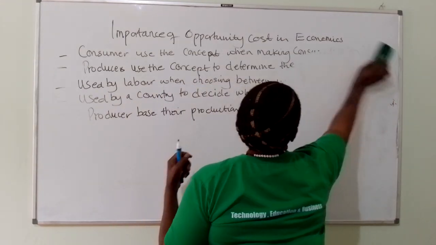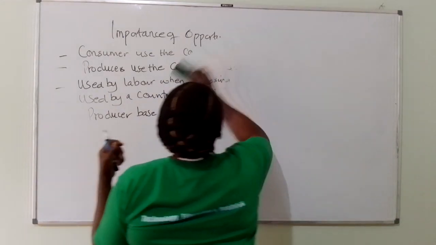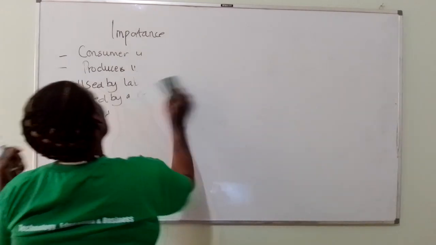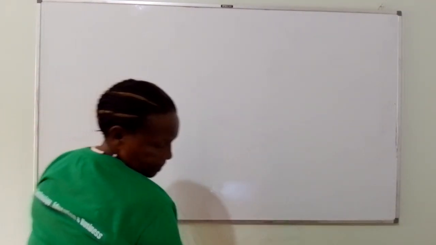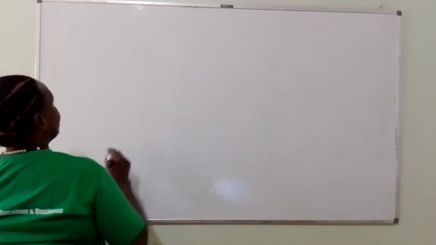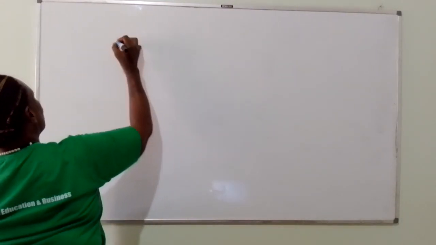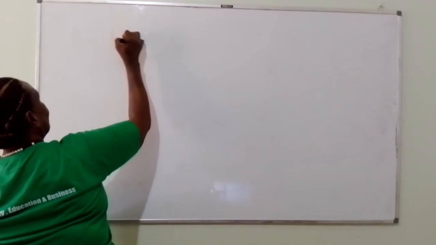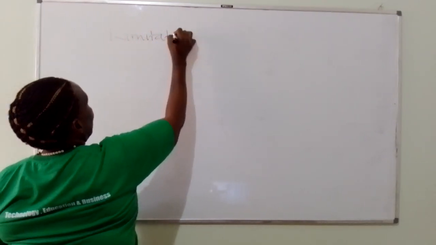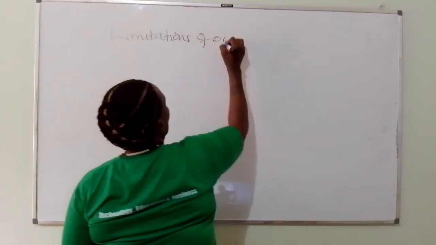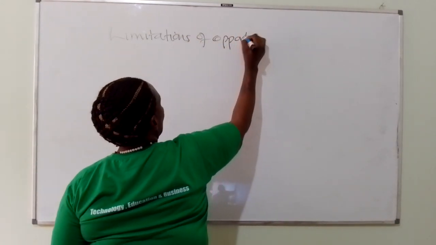Not all the time do we have opportunity cost being followed. There are certain hurdles, there are certain bottlenecks that stand in the way. And let's try to examine these ones again in our introductions. Limitations of opportunity cost.